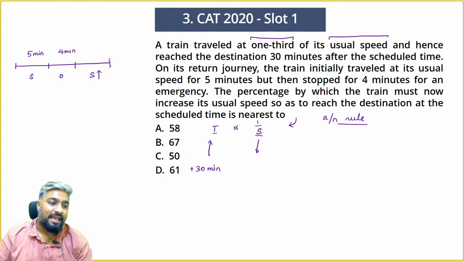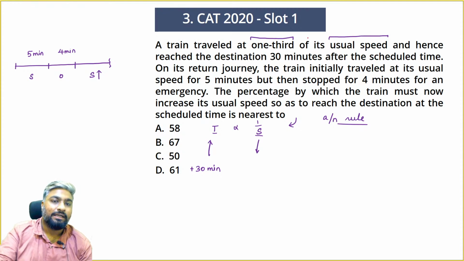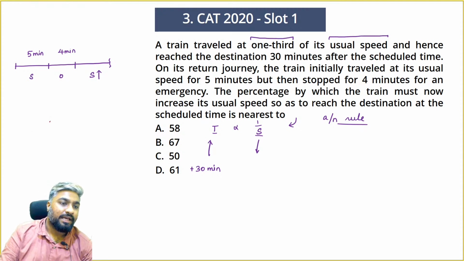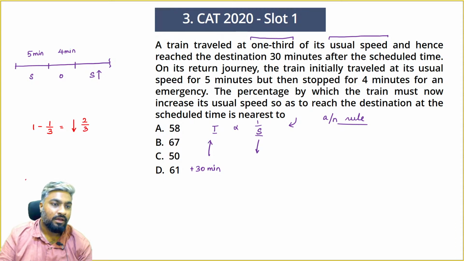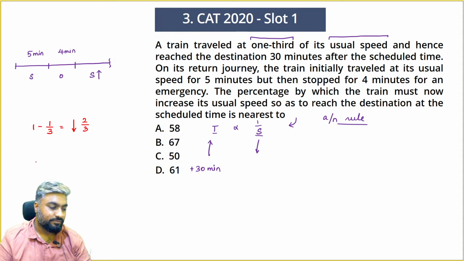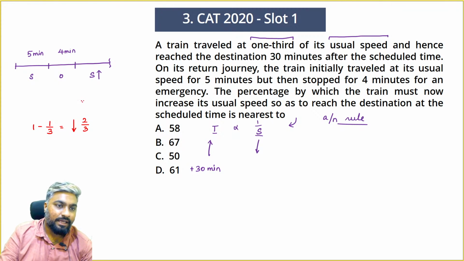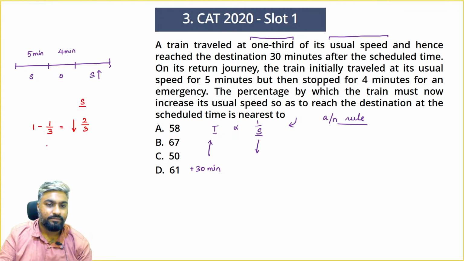If the speed becomes 1/3, from 1 to 1/3, can I say it has decreased by 2/3? Do you agree, guys? So if the speed decreases by 2/3, then time should increase by how much?